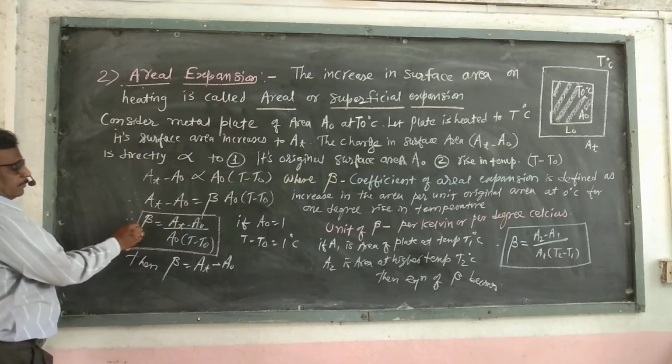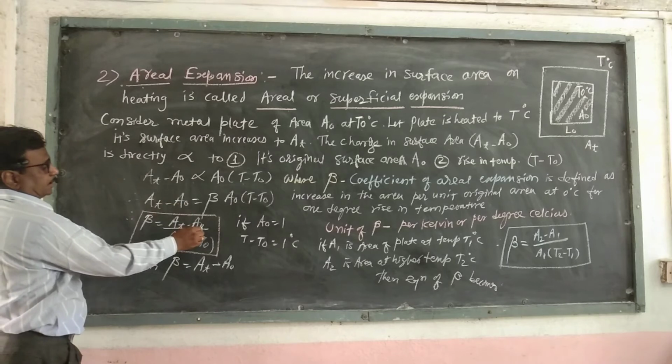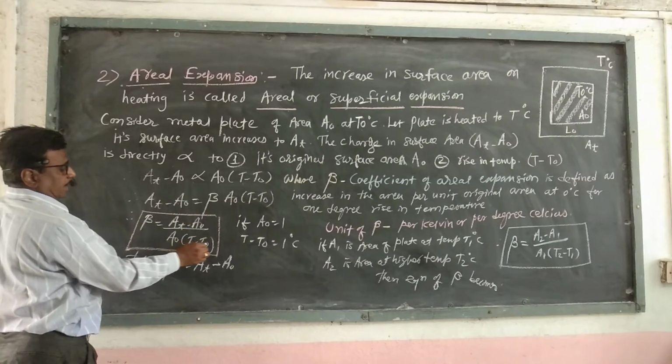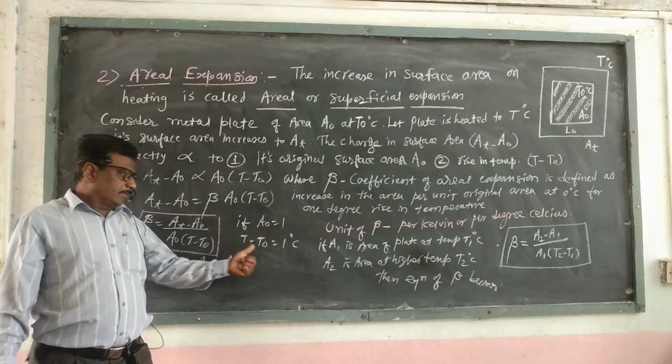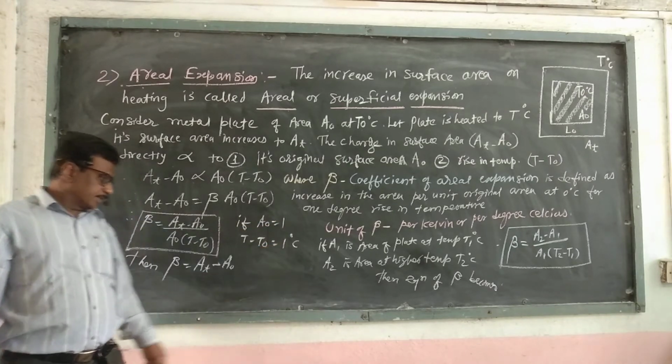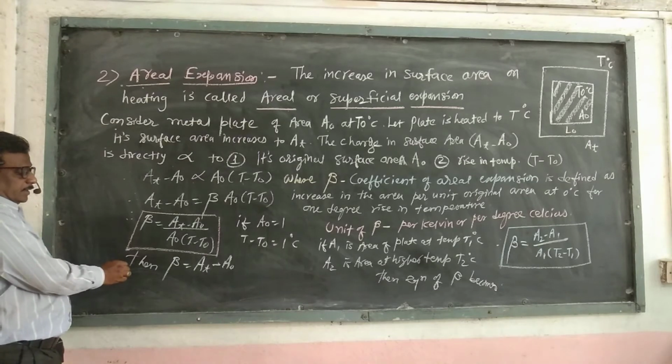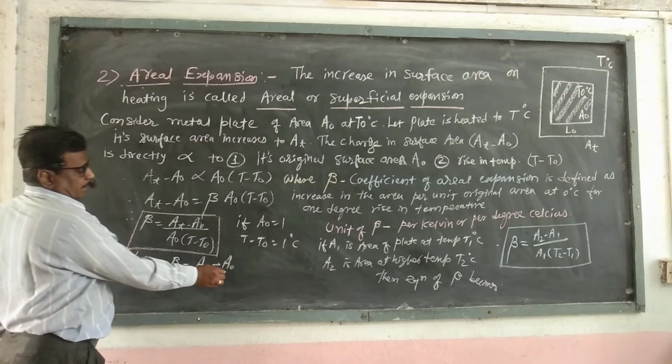So rearranging terms, we get beta equal to A minus A0 divided by A0 into T minus T0. If we substitute A0 equal to 1 and T minus T0 equal to 1 degree Celsius, we get beta equal to A minus A0.